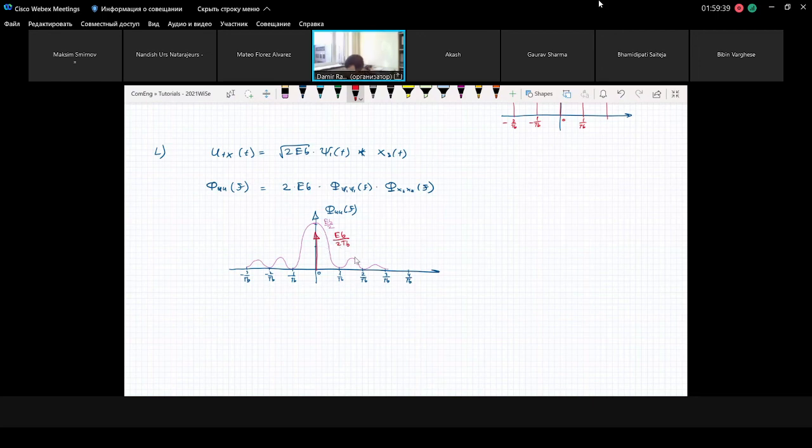With magnitude EB over 2 TB, we can finally write the expression. We have EB over 2 times the chi-square function, plus a delta pulse at 0 with magnitude EB over 2 TB.